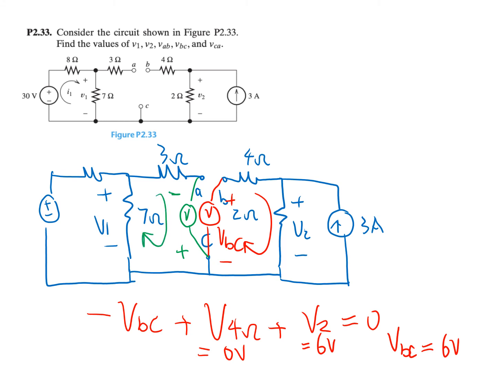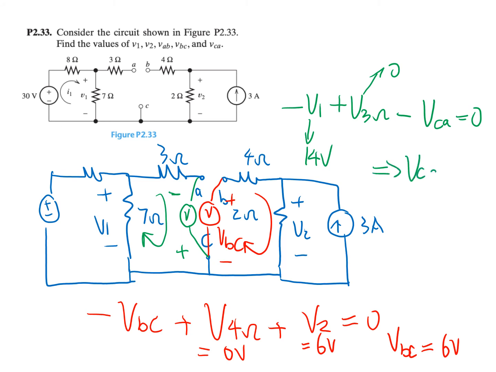We have minus V1 plus V3 ohm and minus VCA is equal to 0. And this is 0. And V1, we know that V1 is equal to 14 volt. So we have VCA equal to negative 14 volt.